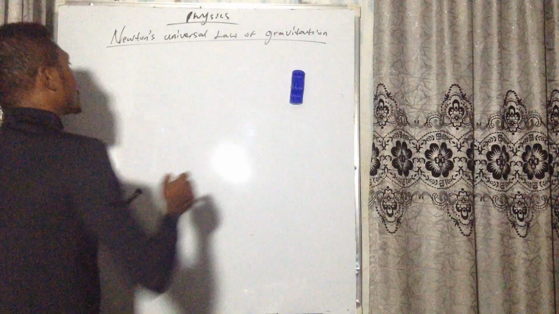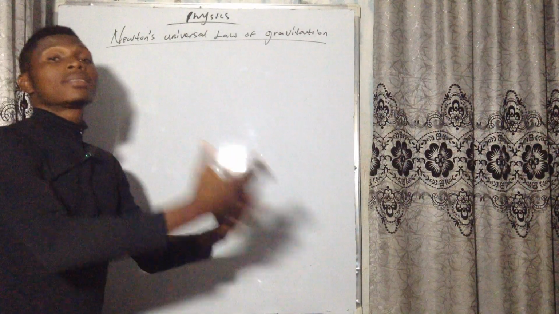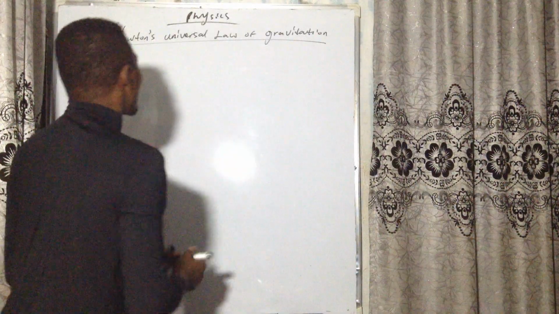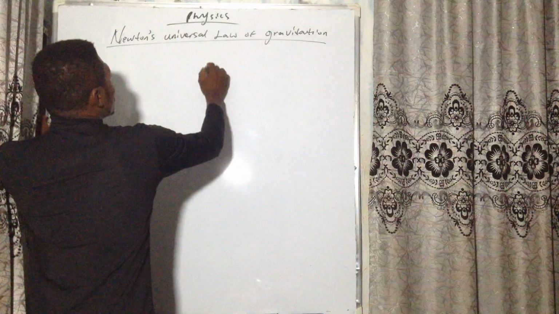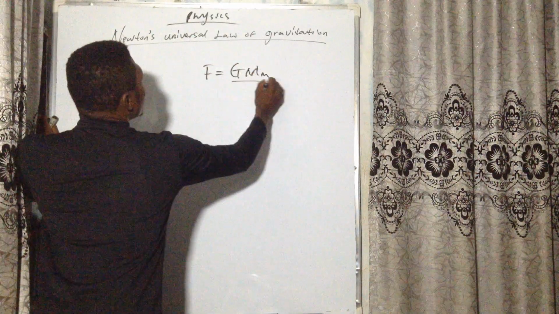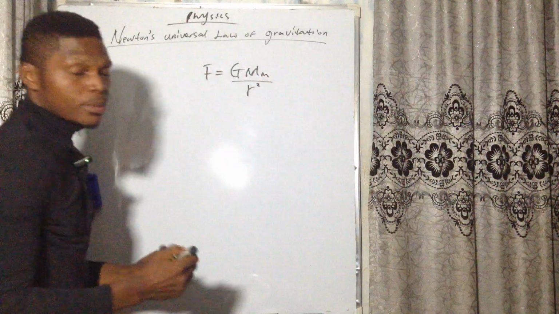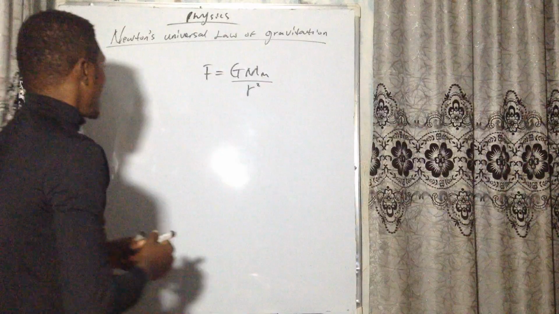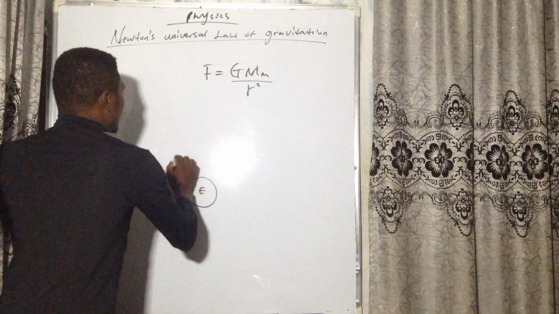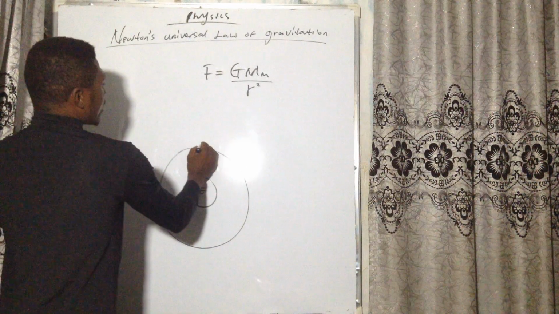Now, like I said, the Earth's gravitational force provides the centripetal force. So this is the force of attraction, F equals GMm over R squared. Now, this is the planet Earth, and this is the orbit of a satellite.